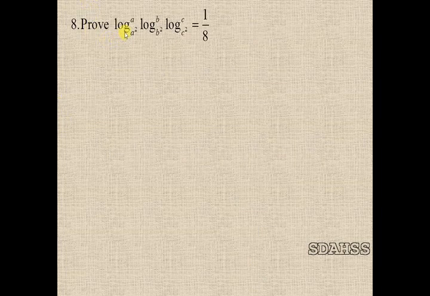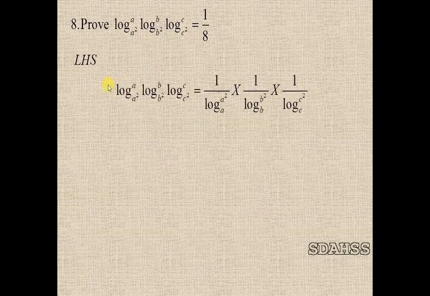Eighth sum. Prove log a base a square, log b base b square, log c base c square is equal to 1 by 8. Consider the LHS. Log a base a square, log b base b square, log c base c square is equal to, so this can be written as, take reciprocal.